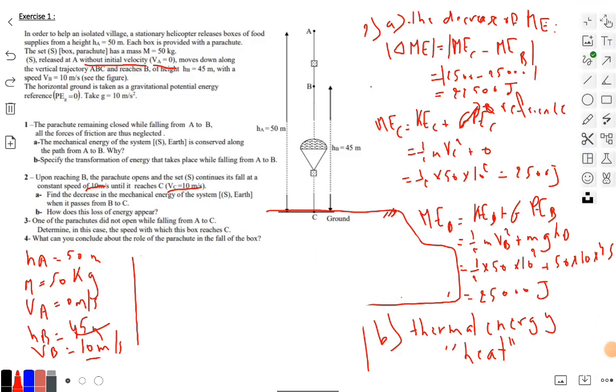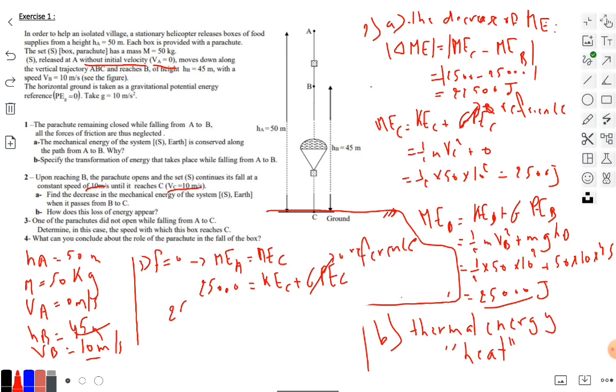Part 3. One of the parachutes did not open while falling from A to C. Determine in this case the speed with which this box reached C. Friction equal to 0, then mechanical energy at point A equal mechanical energy at point C. Mechanical energy at point A, in this case, is equal to mechanical energy at point B, 25,000, equal mechanical energy at point C, which is kinetic energy at C plus GPE at C. Gravitational potential energy equals 0 on the reference.